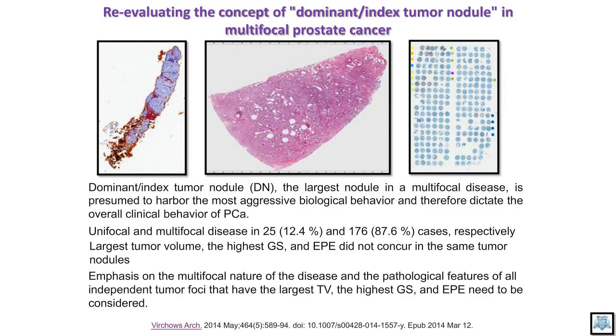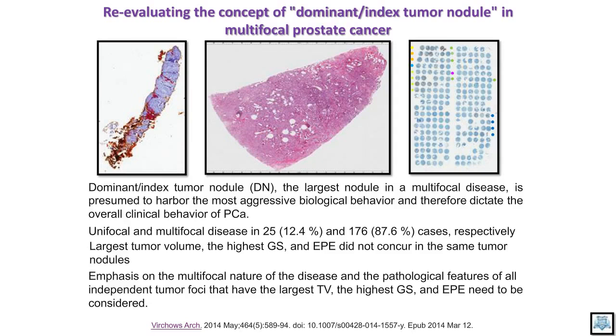Sometimes you may see the largest tumor with a low Gleason grade, but another tumor foci with a higher Gleason grade, though its size may be smaller than the index nodule. So you may not see everything within the single tumor foci.